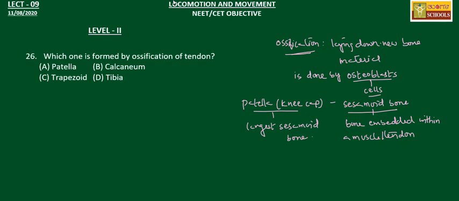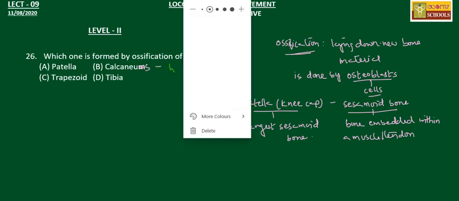Now second option, calcaneus. This calcaneus is a bone present in the heel, what we call the heel bone.